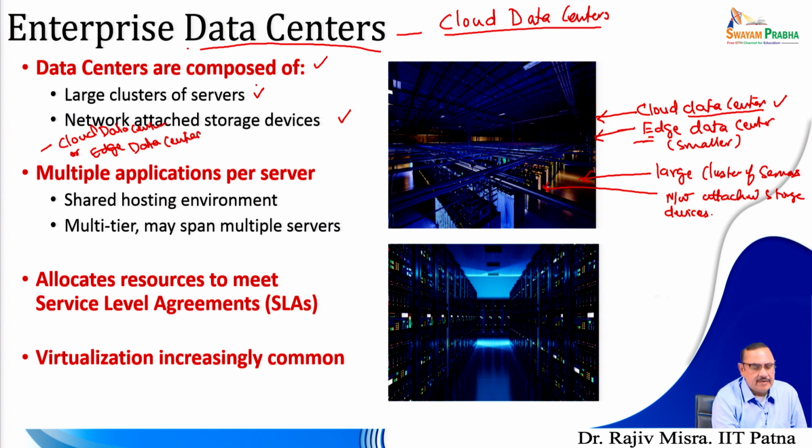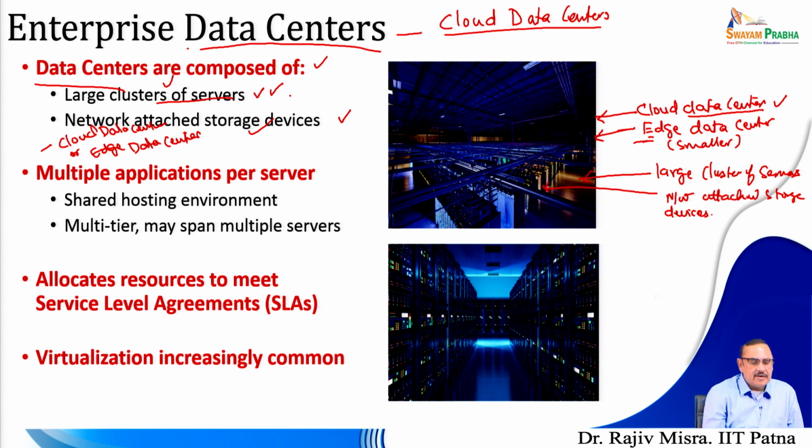These particular data centers comprise a large number of clusters of servers, and a cluster of servers means that several servers are grouped together, they form a cluster, and large clusters of servers are there inside a data center. So, a data center is comprised of large clusters of servers and network attached storage devices.